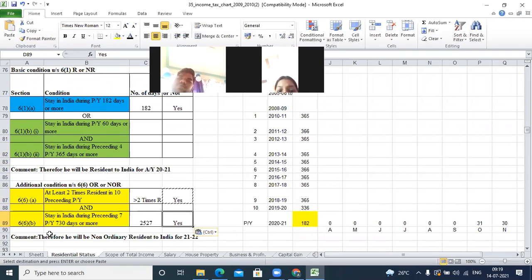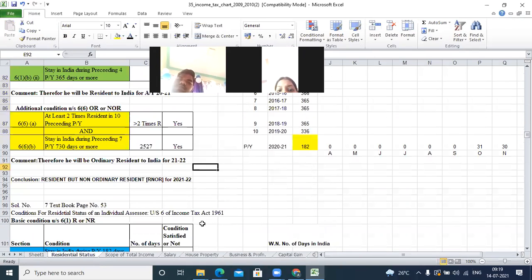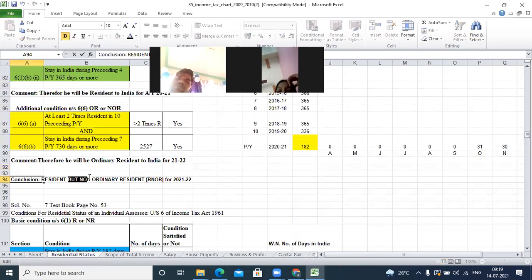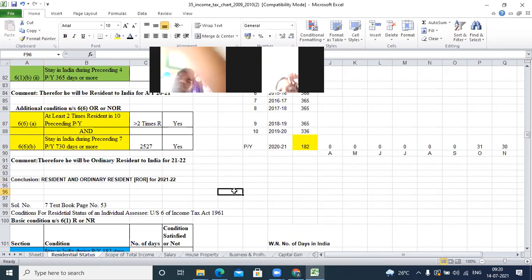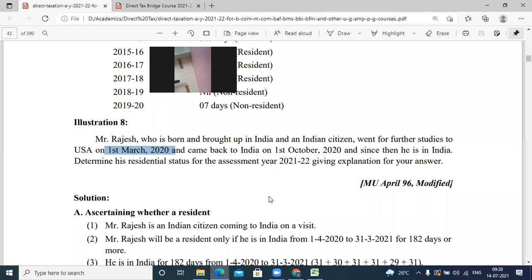Like the previous question also, he will be ordinary resident. Then in conclusion what will we write? Resident and ordinary resident.